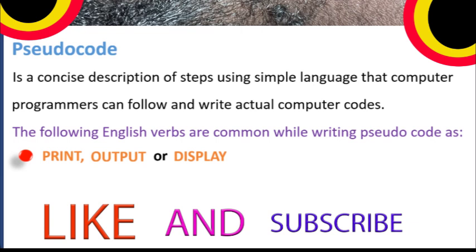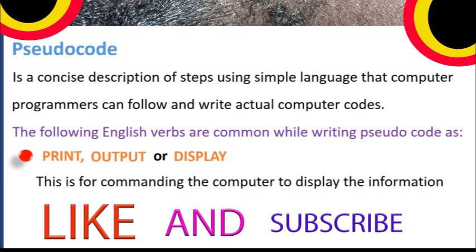You are listening to me here, you need speakers. So that is another form of output. The way I'm teaching here, I'm inputting, but at the other end you will hear, and that's the feedback that you will want. So this is for commanding the computer to display the information after processing. So this kind of language can never miss when you're writing pseudocode.